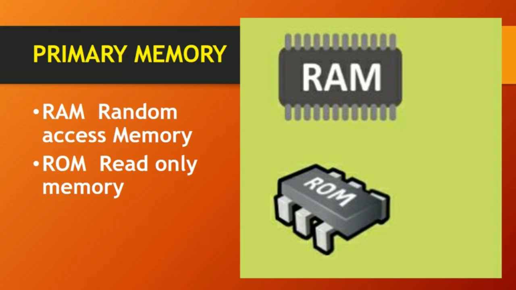If you switch off the computer, the things already stored will be permanently saved. This memory holds the instructions for starting the computer. This is called ROM, read only memory.